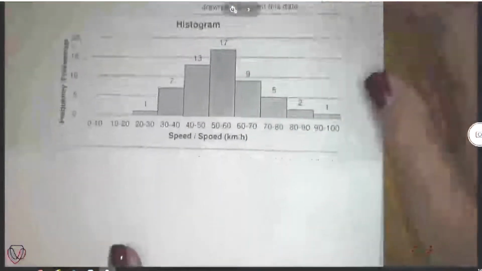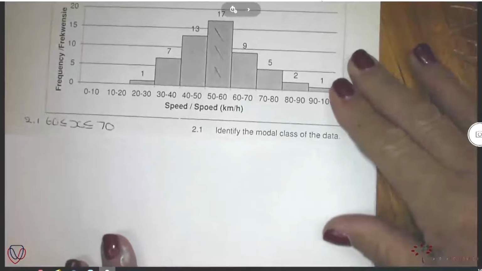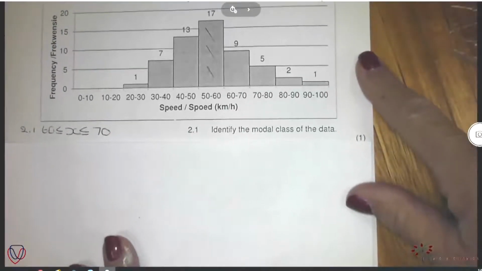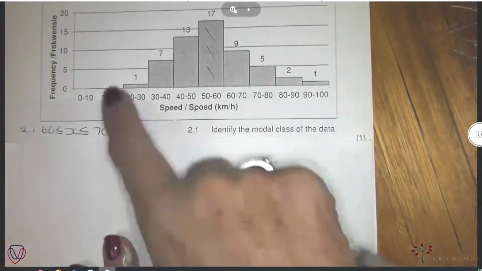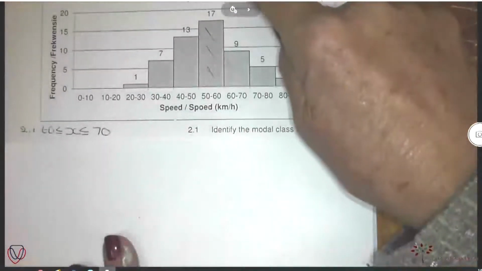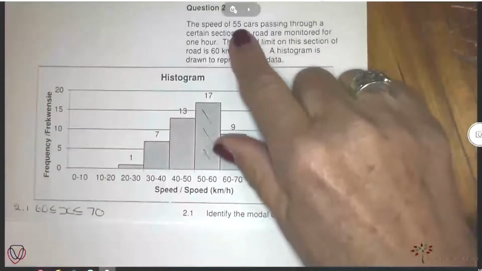Right, let's go on and answer the questions on this graph. They said, identify the modal class of the data. Modal class means the class with the highest frequency. If you add up all this, it's the frequency, so it should give you 55, which is the number that they gave us at first.